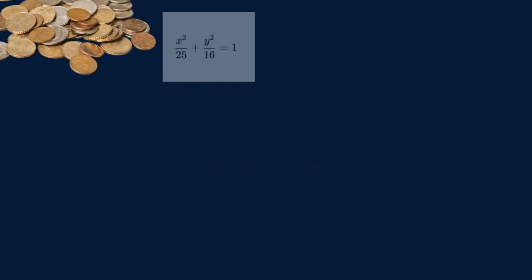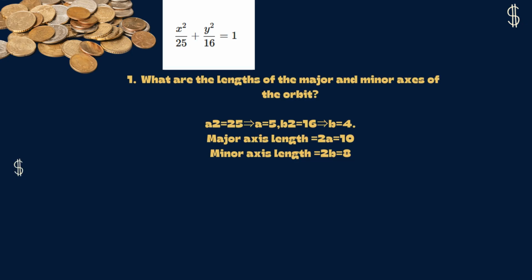Okay, so first, I'll help you solve the lengths of the major and minor axes. In getting the a squared, the first thing you need to notice is that this denominator is dominant over the other, meaning it's much bigger. So this will be your a squared. 25 is your a squared as given, and your b squared, of course, is 16.